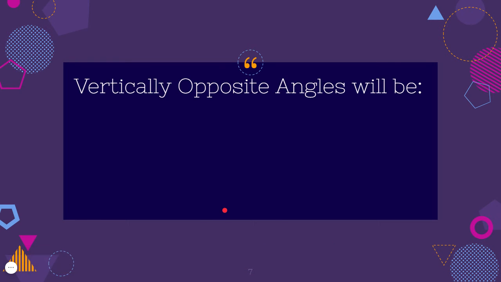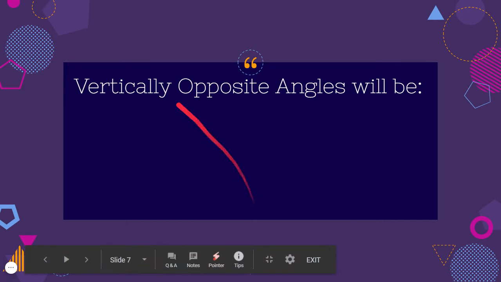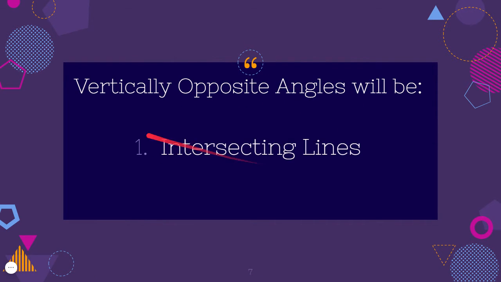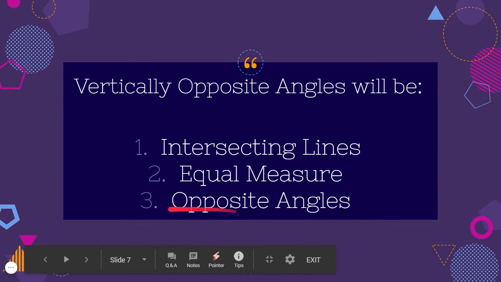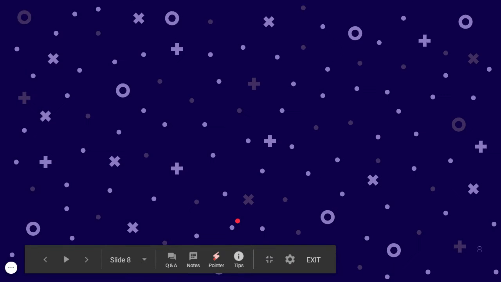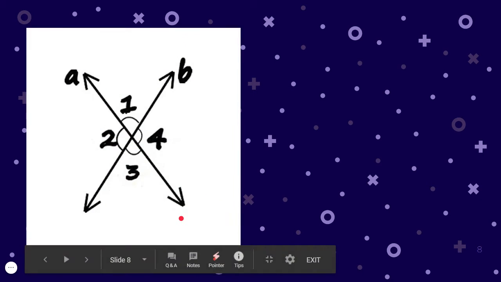Let's go ahead and let us now see what the word vertically opposite angles means. These angles are going to be formed by intersecting lines, the ones that we just saw. They are going to have equal measure and they are going to be opposite angles. Now, let us see the first example.